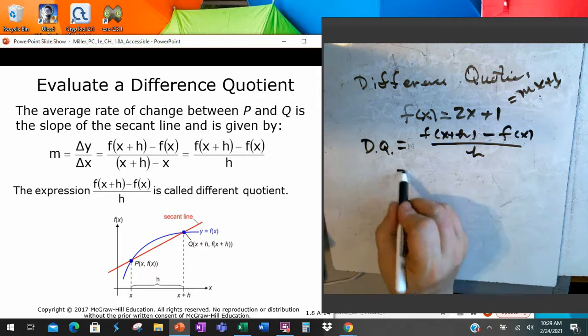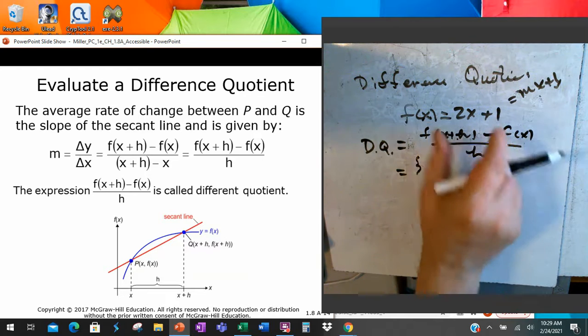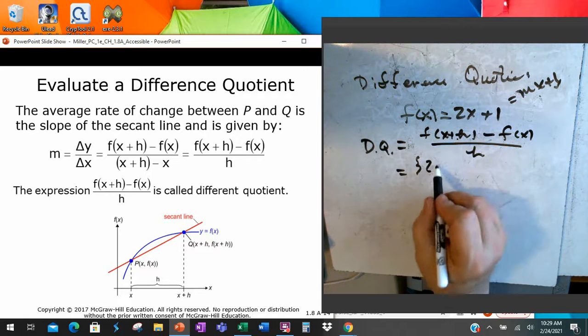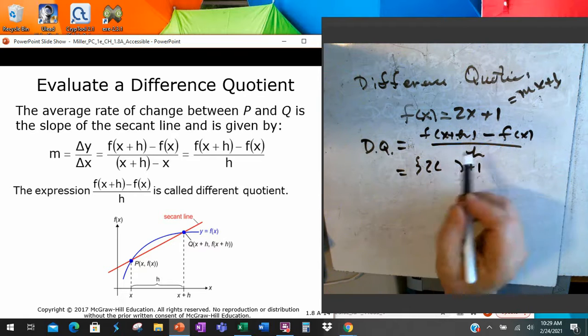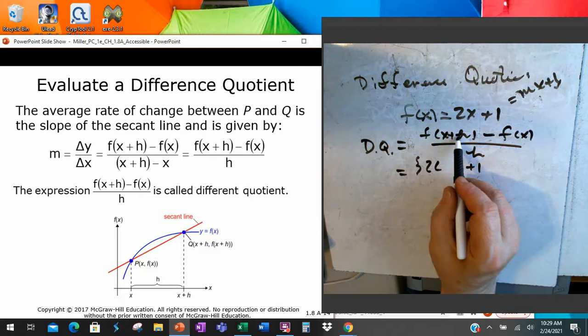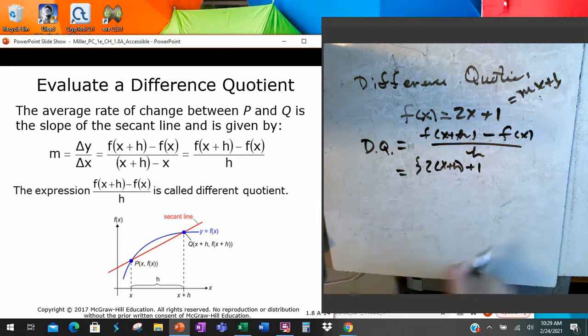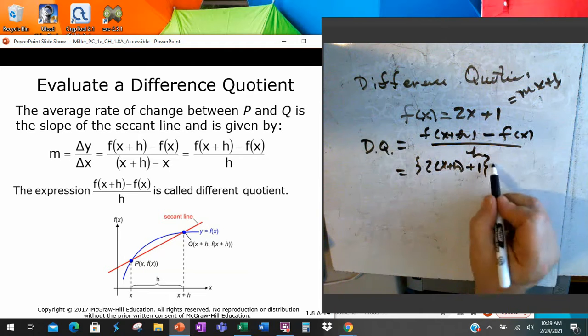So it says take the function and evaluate. I'm going to do a little curly brace for this piece of it. Here's my function, x. You remember how I did that composition a while ago. Now where do you want me to evaluate it? At x plus h. Close my curly. This is this piece of it.